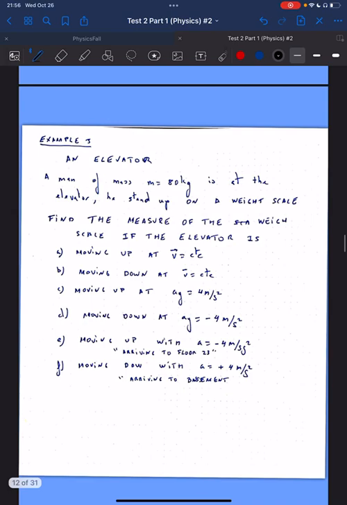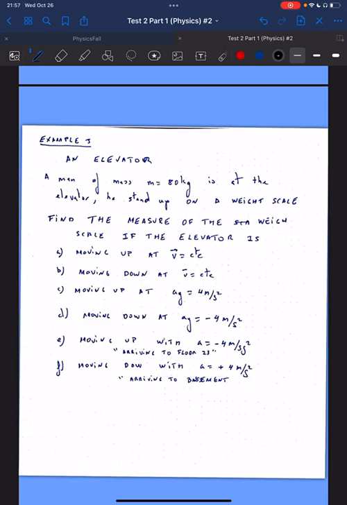Next problem. Example 5. A man of a mass of 80 kilograms is in an elevator. He stands on a weight scale. Find the measure of the weight scale if the elevator is A, moving up at a_y equals 4 meters per second squared, or moving down at a_y of negative 4 meters per second squared.